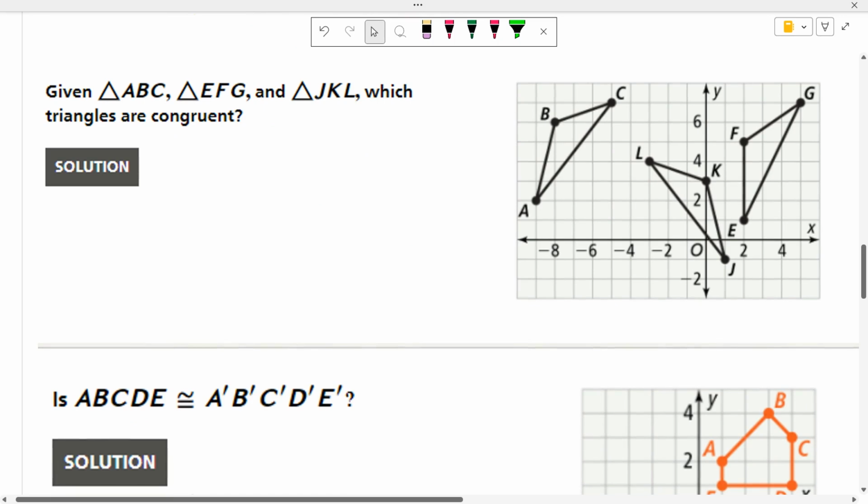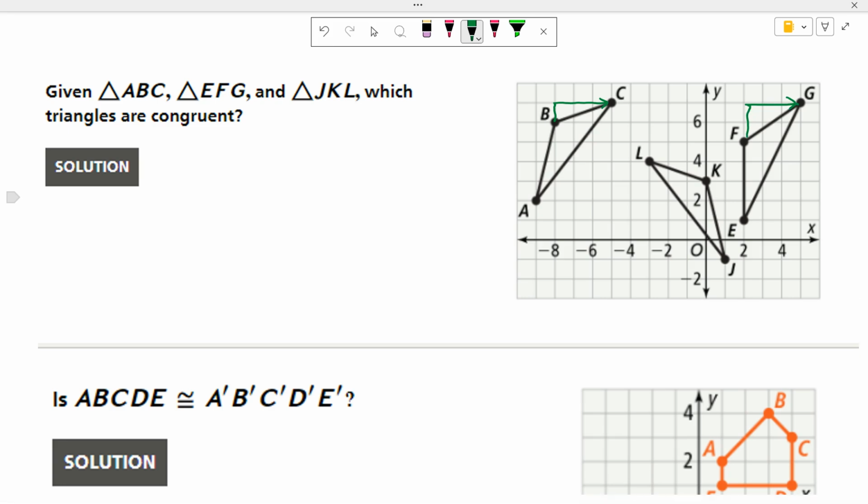Which triangles are congruent? Now, you got to look here. From B to C, we go up 1 over 3. From F to G, we go up 2 over 3. Would they be congruent?